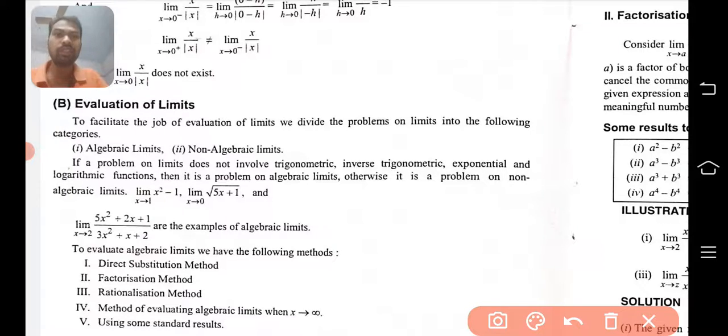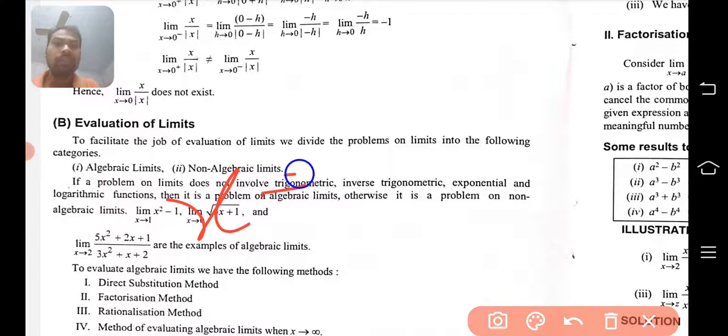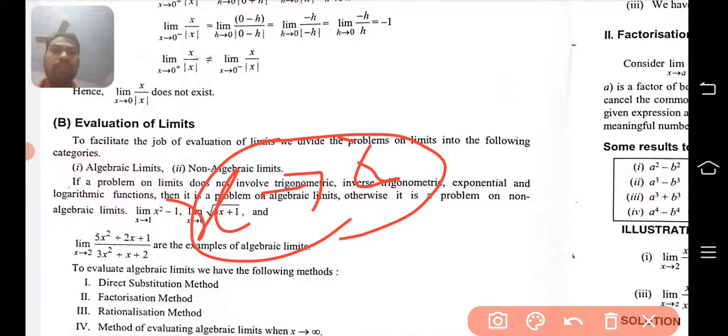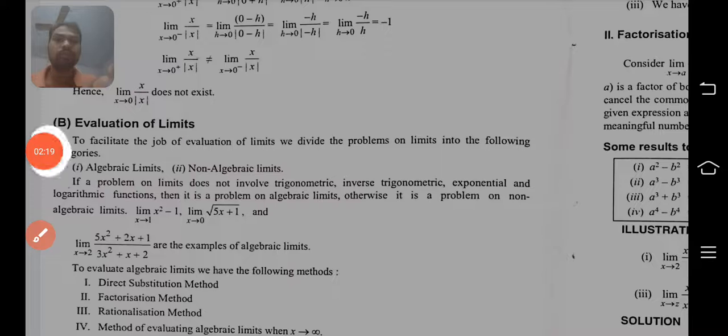So let's discuss how to calculate the limit when x tends to infinity. I am putting my camera off so that I can operate more clearly.